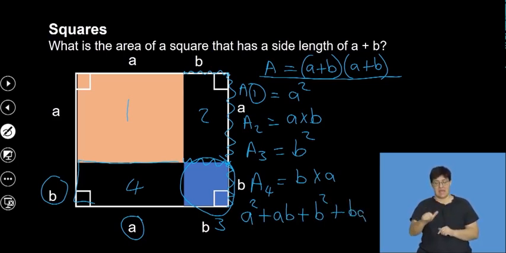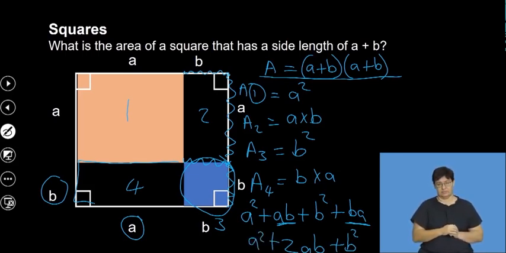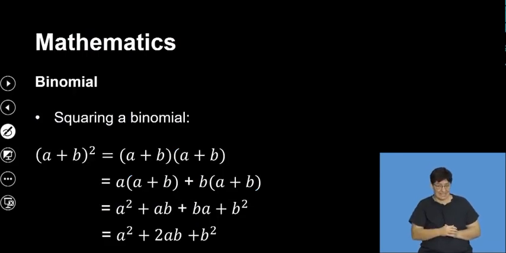But you remember you need to group the like terms. So the ab and the ba are like terms. If you add them, they will give you 2ab in the middle, and then I'll have b squared there, and then I'll have a squared here. Now, the beauty of what I've just done is what we call squaring a binomial.